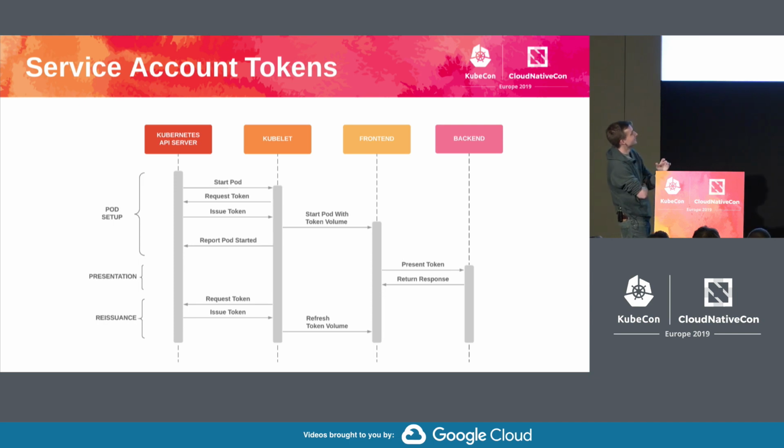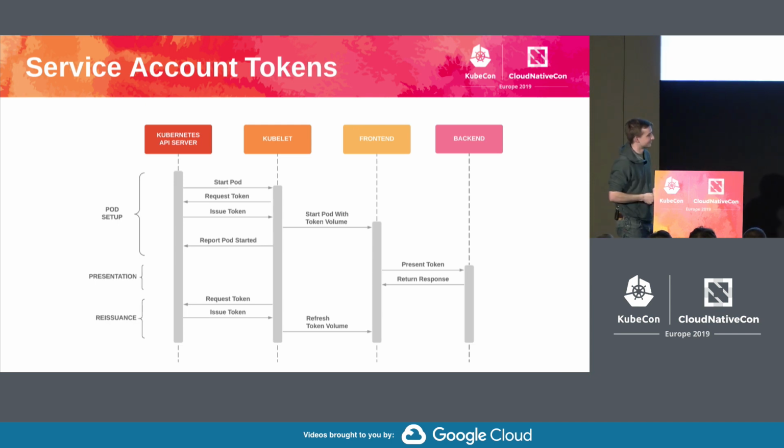There's quite a complicated flow that goes into making these tokens available. That starts on pod creation. The kubelet will request a token from the API server, and it will continue to request tokens from the API server throughout the lifetime of the pod in order to make sure that those are refreshed. It's a pretty complex diagram.